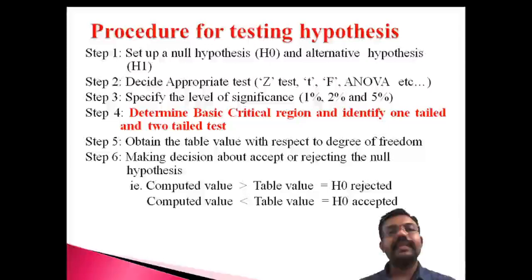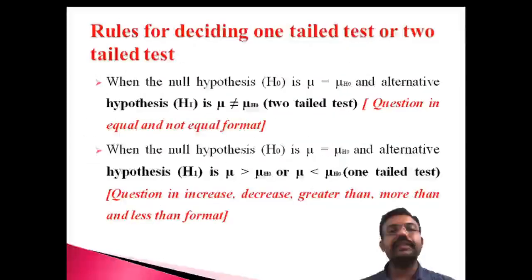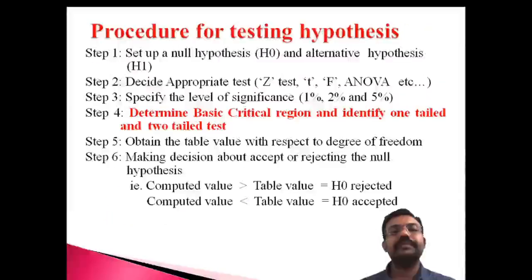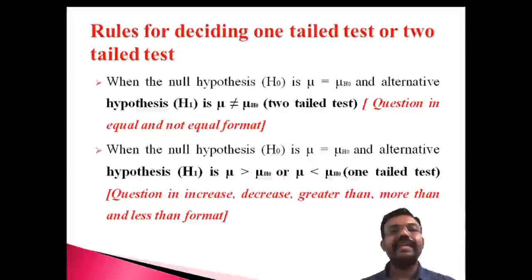Let us discuss the different categories of the parametric test. Before that, there is the one-tailed and the two-tailed test. How do we decide between them? Suppose the question is in an equal or not equal format; that is most probably a two-tailed test.